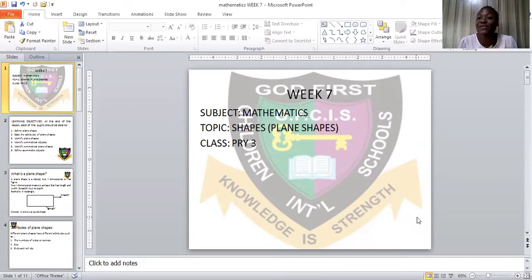And the topic we have today is shapes. Plane shapes. We have plane shapes, we have solid shapes. But for this class, we are looking at plane shapes. Now let's look at our learning objectives.